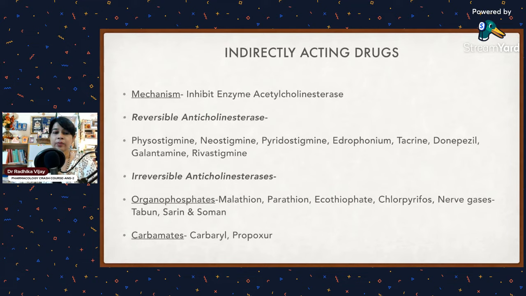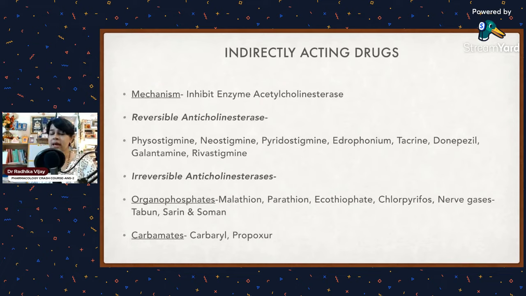Now, I want to tell you about the indirectly acting drugs. The basic mechanism is to inhibit the enzyme acetylcholinesterase, and by doing so, they increase the availability and prolong the action of acetylcholine. The other name for these drugs is anticholinesterases, and the inhibition can be reversible or irreversible.